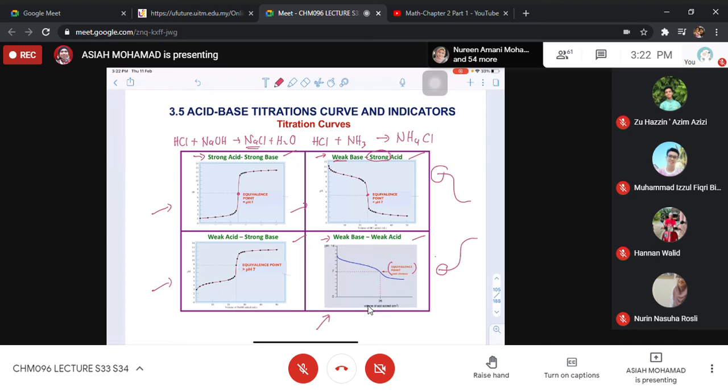Weak acid and strong base, for example, CH3COOH plus NaOH, that will produce CH3COONa plus water.